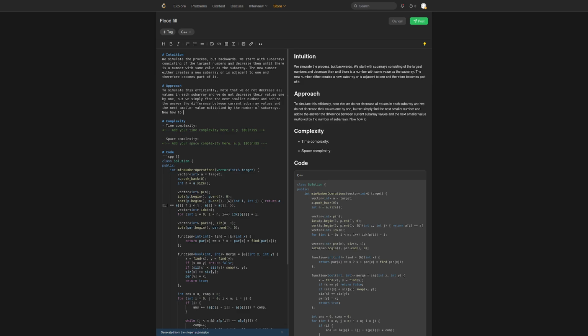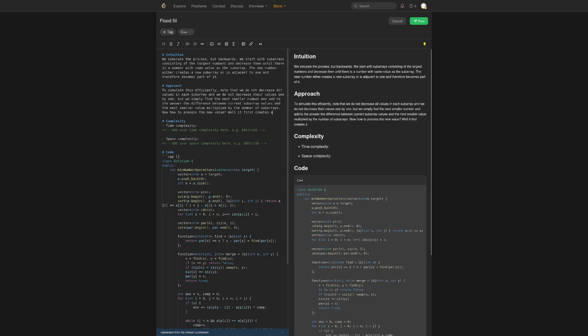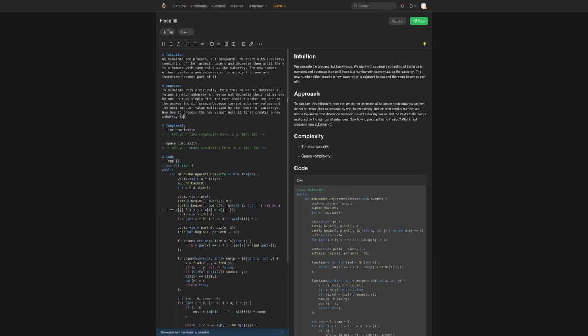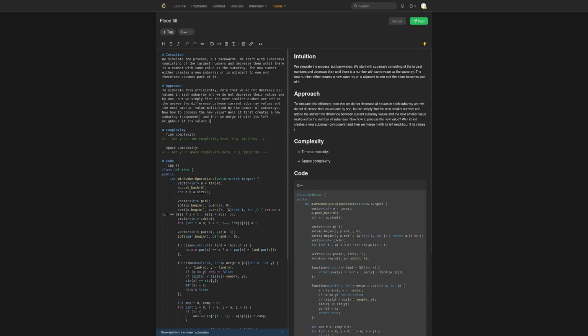Now how to process the found new value. Well, it first creates a new subarray component, and then we merge it with its left neighbor if its value is greater than or equal to itself.